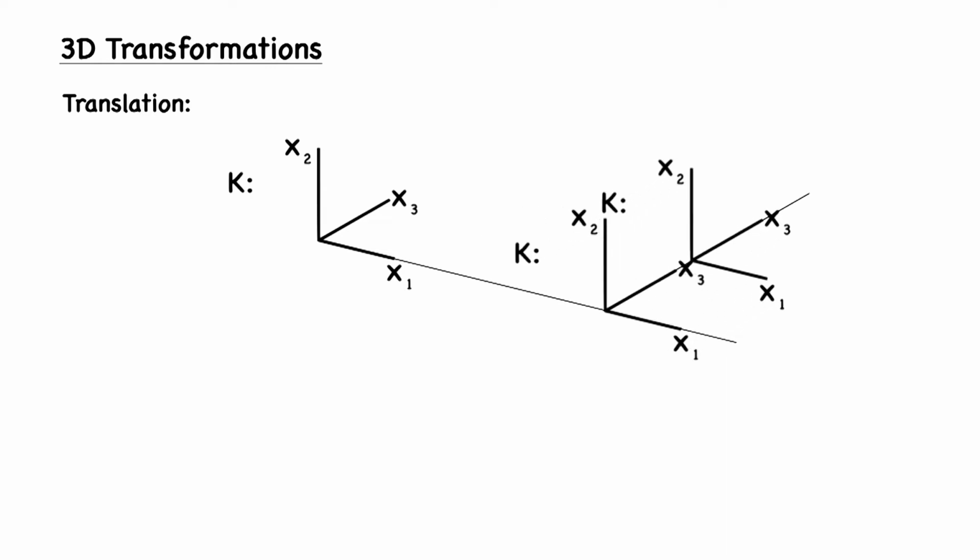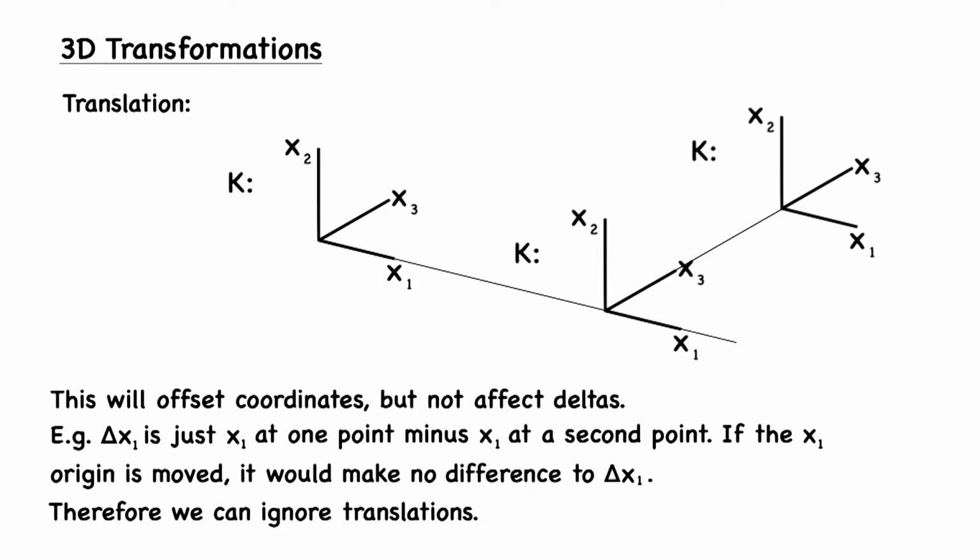They preserve the orientation of the frame and simply move the position of the zeros along the axes. This only offsets the coordinates, so it doesn't affect the deltas. Since these are what we use to calculate length, we don't need to bother including translations in transformations. For our purposes, they make no difference and can be ignored.